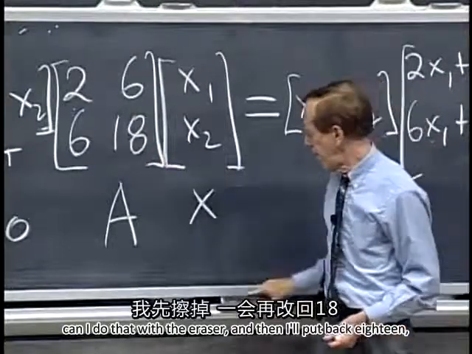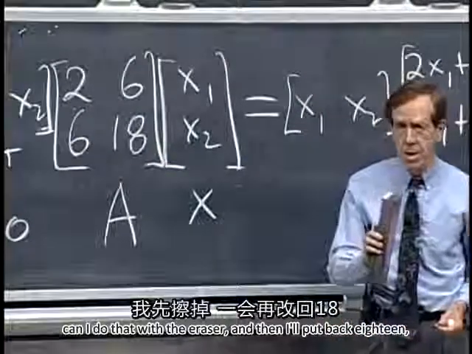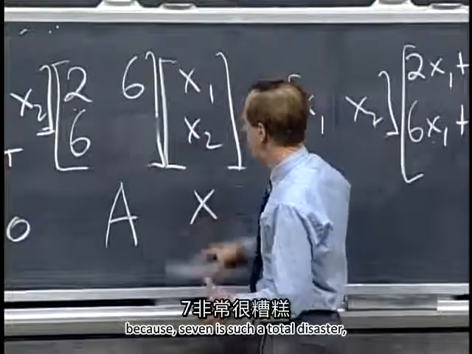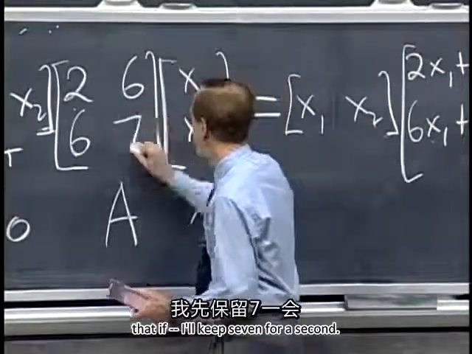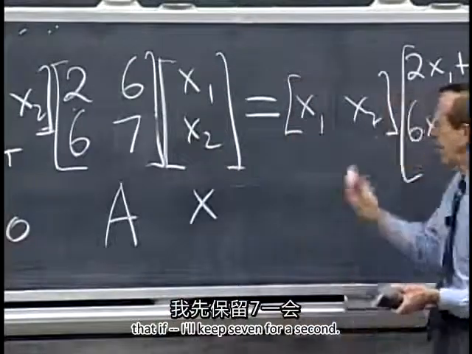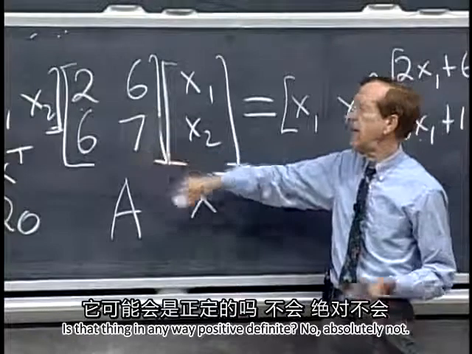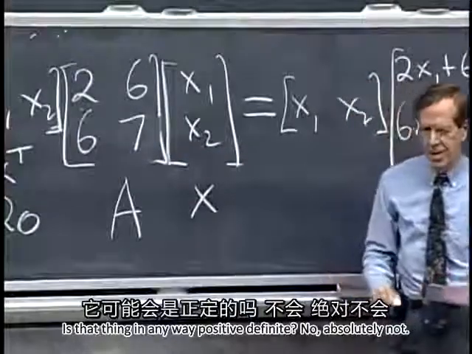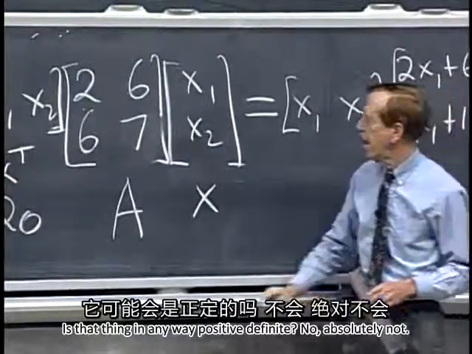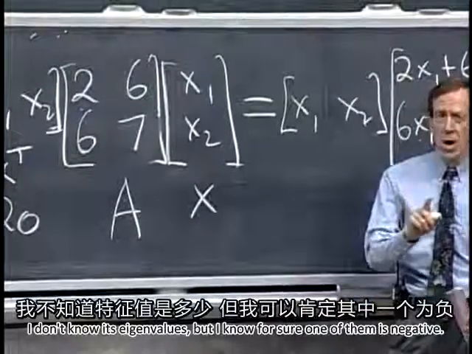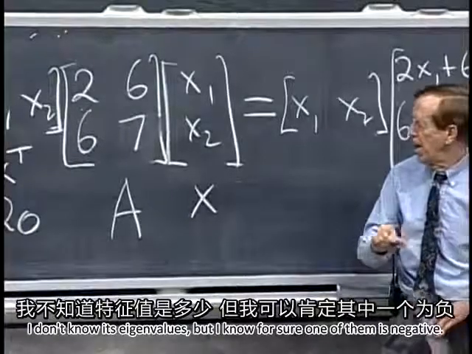If I can do that with the eraser, and then I'll put back 18, because 7 is such a total disaster that I'll keep 7 for a second. Is that thing in any way positive definite? No, absolutely not. I don't know its eigenvalues, but I know for sure one of them is negative.